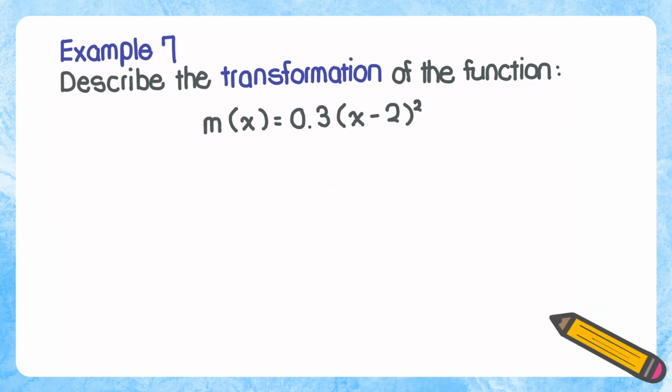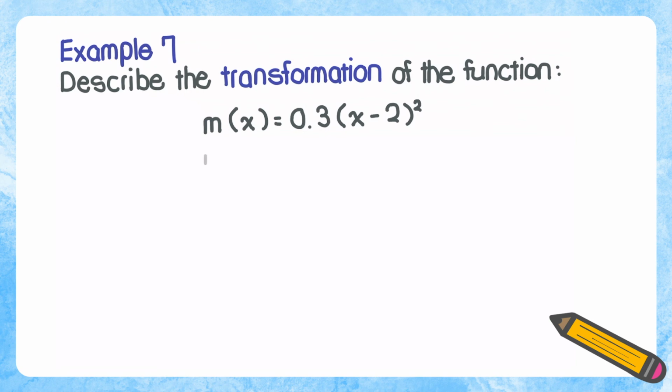Let's look at one more special case together. So let's describe the transformation of the function m(x) = 0.3(x - 2)². What parameter is missing here?